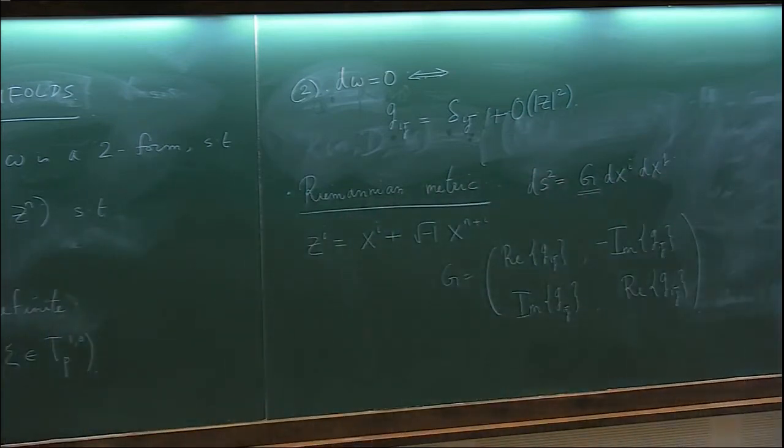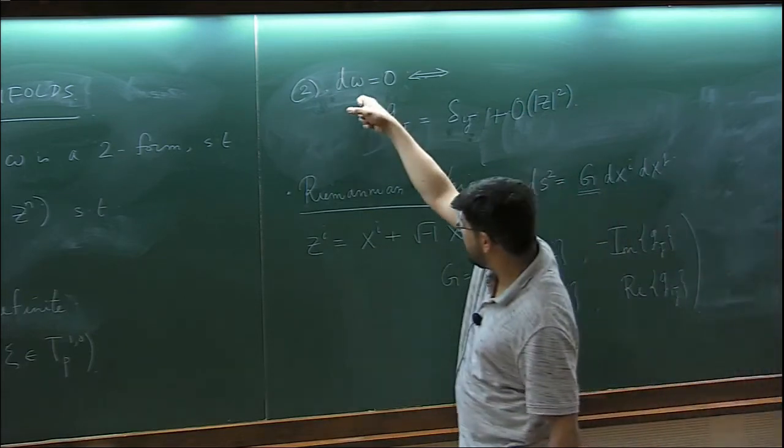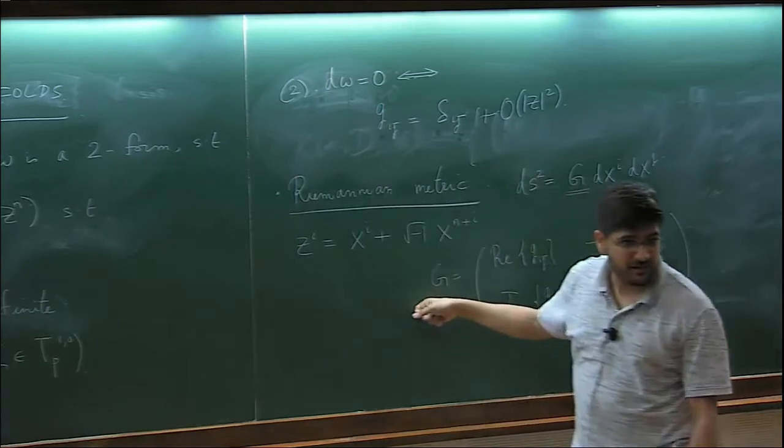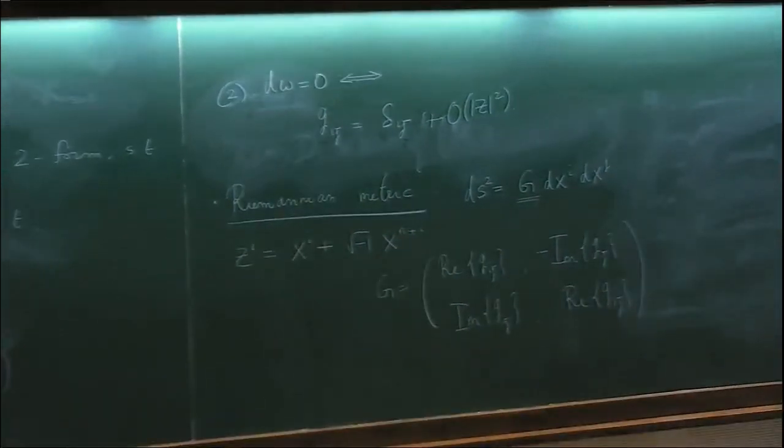Okay, so now given a Riemannian metric, one can talk about its curvature. In particular, one can talk about the Ricci curvature. Just like omega in a canonical way induces a Riemannian metric, the Riemannian Ricci curvature is also canonically induced by what is called the Ricci form of omega.